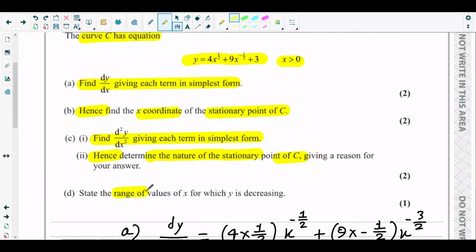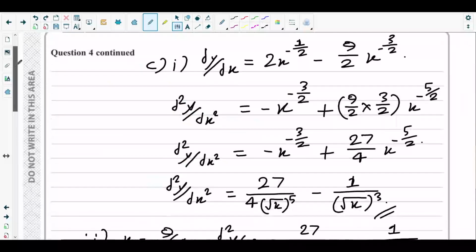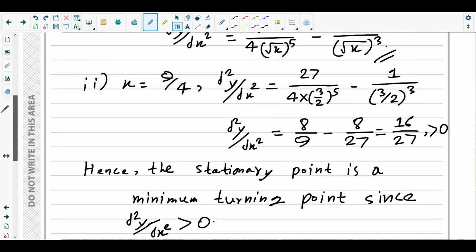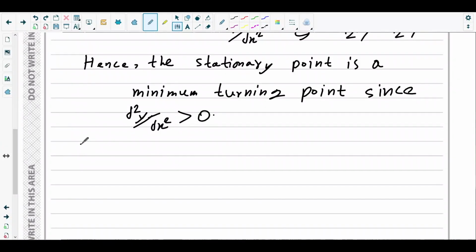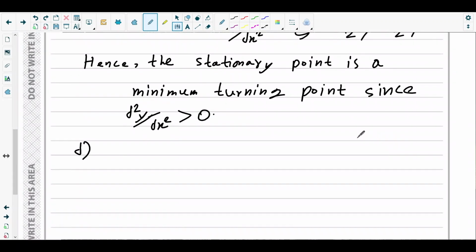State the range of values of x for which y is decreasing. Okay, y is decreasing. So we got to know from part C2 that the turning point at x equals 9/4 is basically a minimum turning point. Since the domain for the curve C is x greater than 0, we will ignore the negative x-axis.